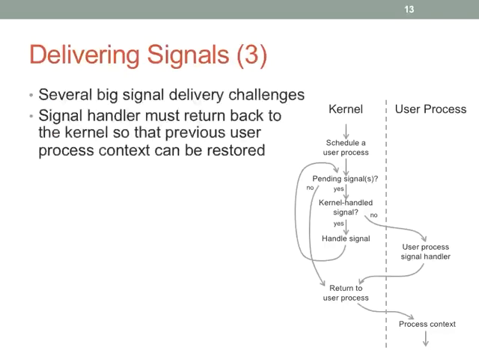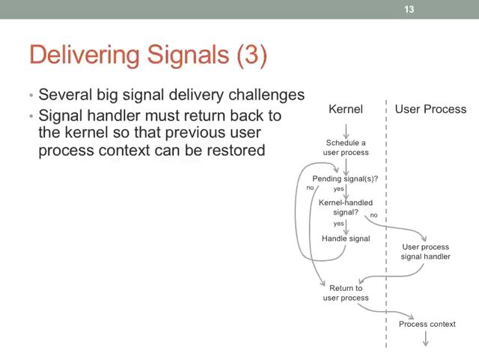Okay, delivery challenges. So yeah, first of all, we have the signal handler doing its thing and then jumping back into the kernel. Why do we do that? Well, because we had a user process context that was interrupted by the signal being delivered, and we need to restore that. So that's why we have to jump back into the kernel.